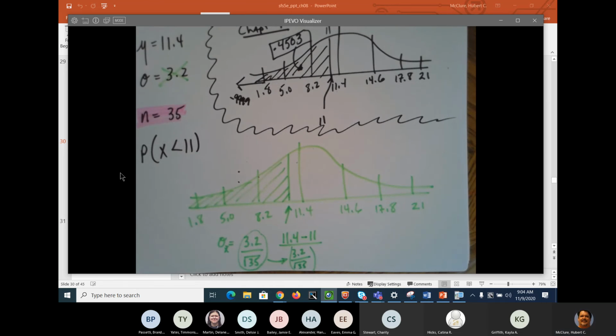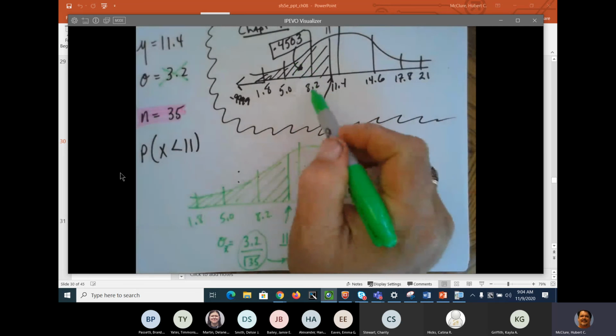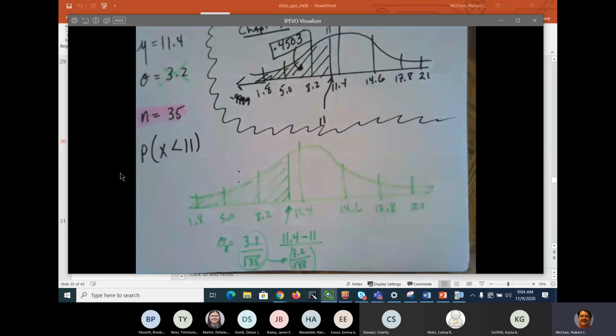And of course, it's going to shrink, because this probability is always going to be less than the original if you did it in Chapter 7. So it's going to be 30% or 20% or something like that. So let's take our handy dandy calculator and do it.